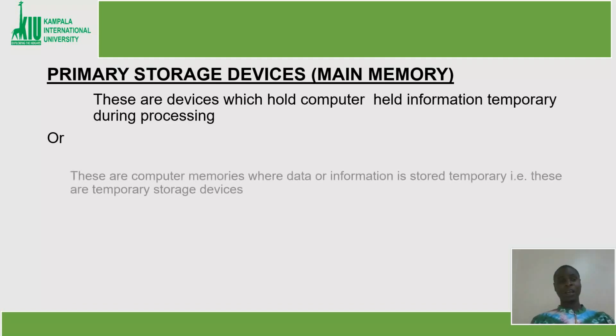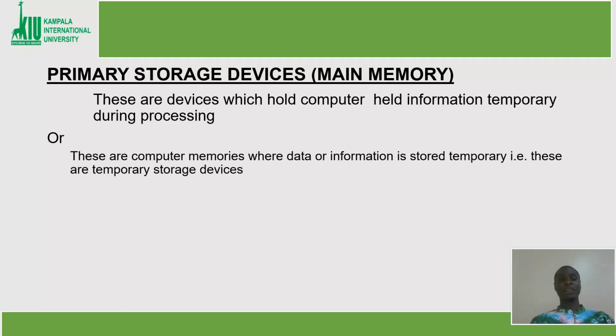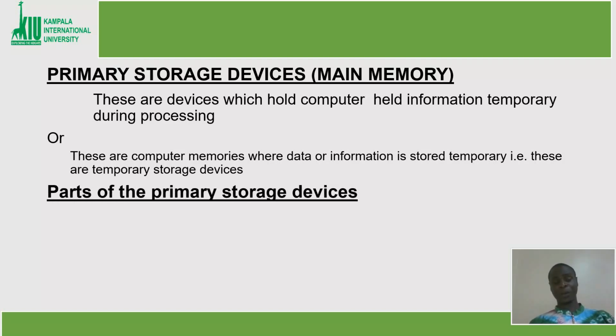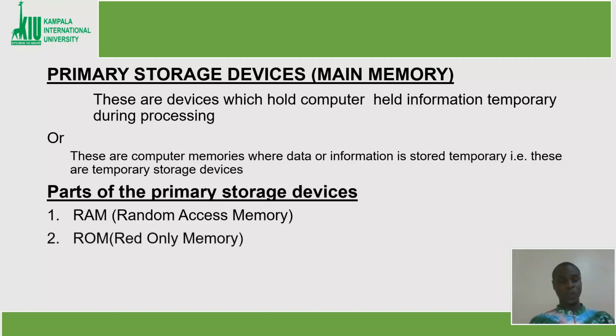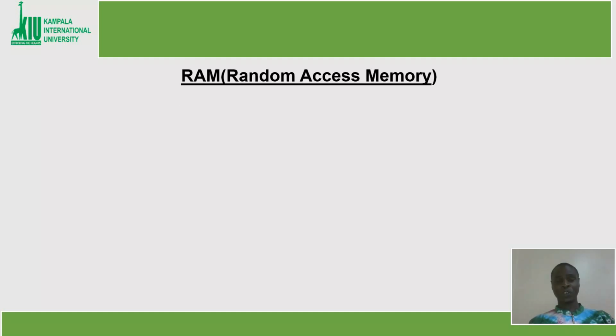These are computer memories where data or information is stored temporarily, i.e., temporary storage devices. The primary storage devices have two parts. Number one, RAM, random access memory. Number two, ROM, read-only memory.